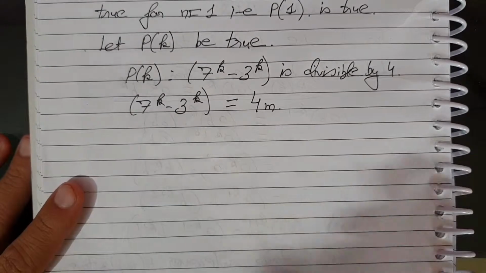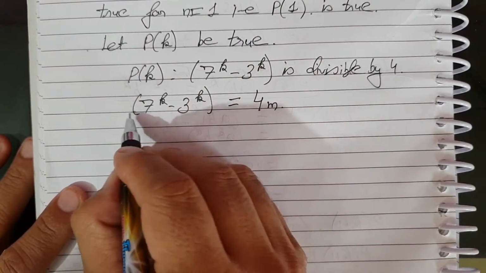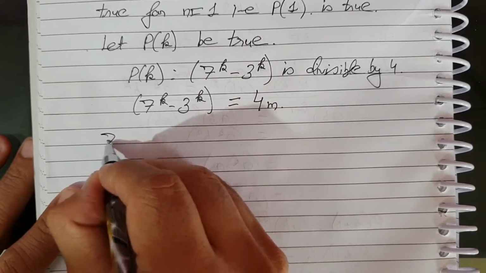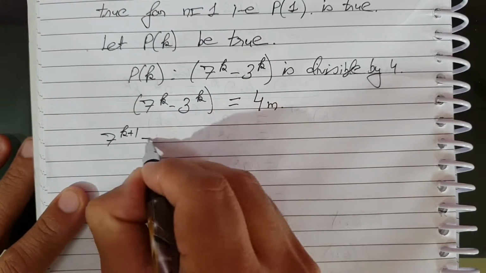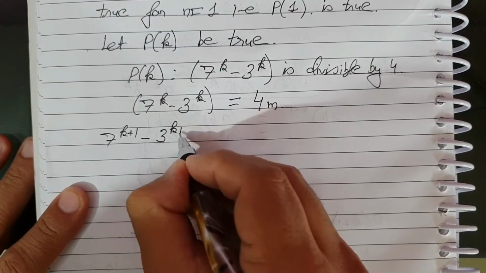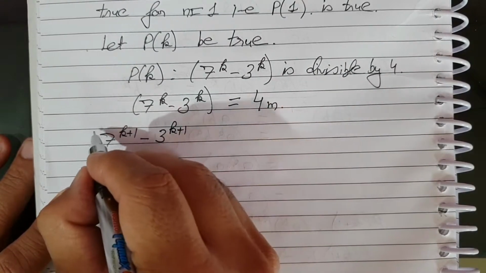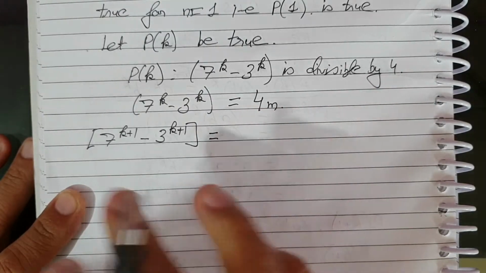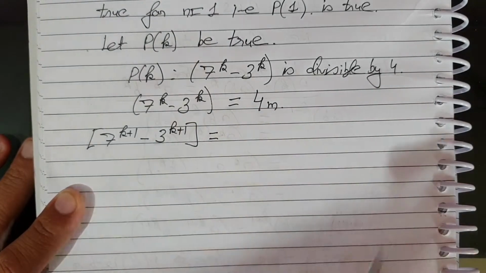Now let's start. Now see, we will replace k by k plus 1. This is 7 to the power k plus 1 minus 3 to the power k plus 1. So this is equals to, now note the step that I am doing now.